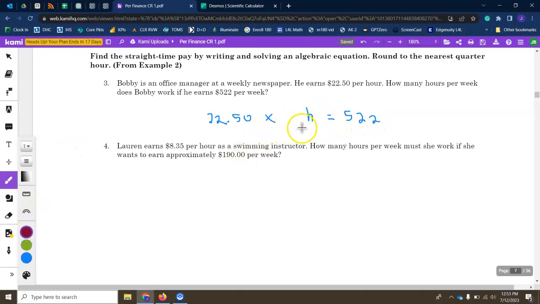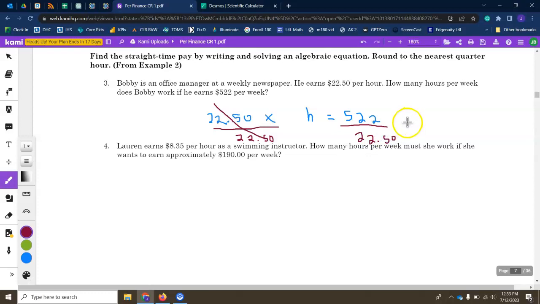Let's change the colors up and talk about what we do next. Because $22.50 is being multiplied to H, and we want to get rid of it to balance this equation correctly, what I ask students to think of when we balance is to do the opposite of multiplication so that we can cancel out the $22.50. The opposite of multiplication is division. So we are dividing both sides by $22.50 so that we may cancel this and find out how many hours this person worked.